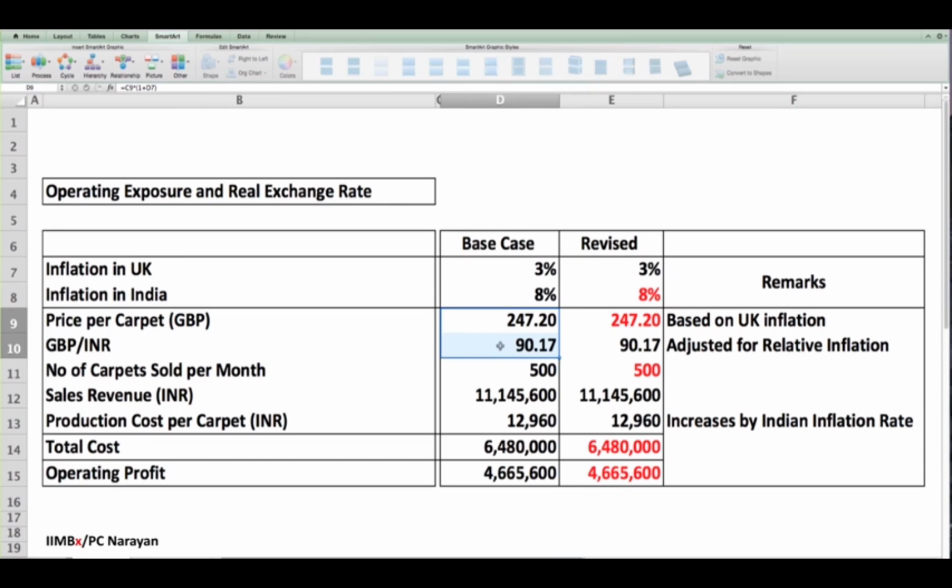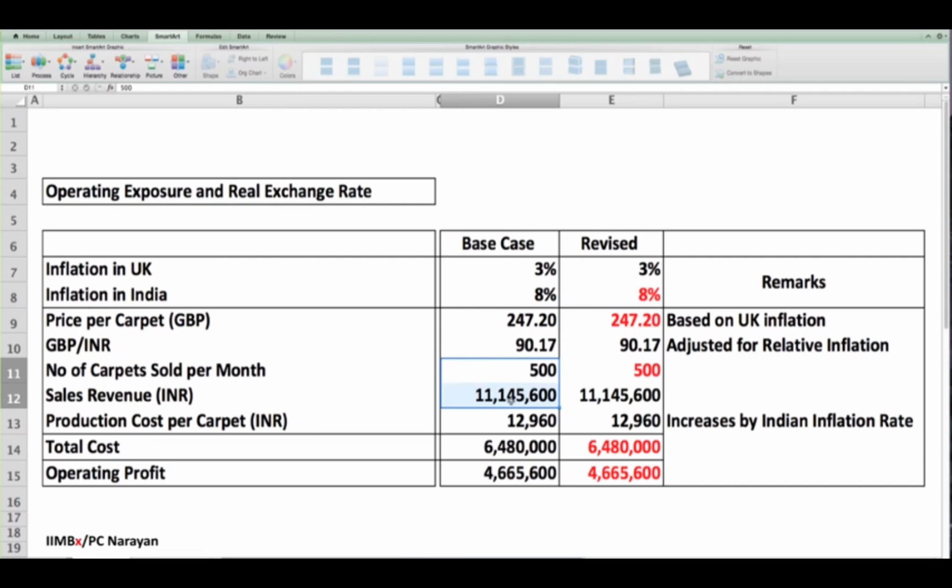Let us also say the carpet exporter from India is able to sell 500 carpets per month to the UK importer. The total revenue earned by the Indian exporter of carpets as a result of this is 247.20 pound sterling per carpet into 90.17, which is the Indian rupee equivalent, multiplied by 500, which gives him a total sales revenue of 11.145 million rupees.